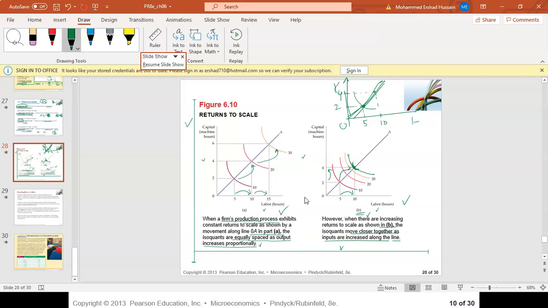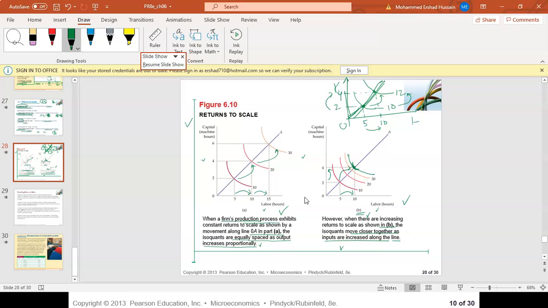But you'll see that on the isoquant, output is 10, and here output will be just 12. See, when labor doubles and capital also doubles, output does not double, it just goes from 10 to 12. That will be the case.